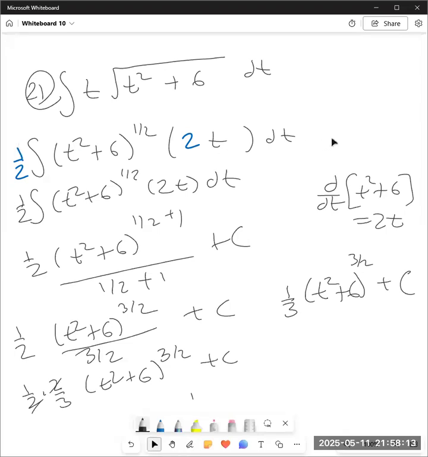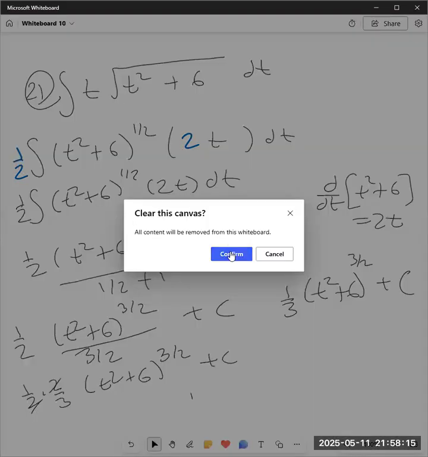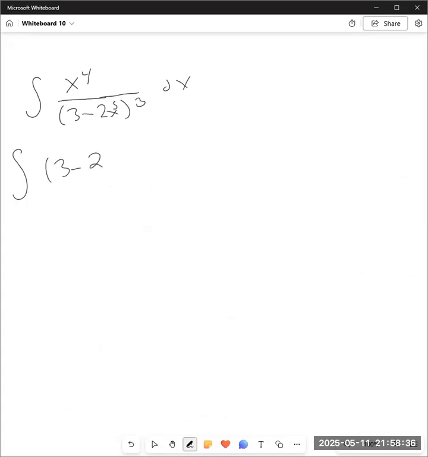Let's look at number 23 now. Number 23 says the integral of, and the numerator is x to the 4th, and the denominator is (3 minus 2x to the 5th), all raised to the 3rd, dx. So I'm going to make that (3 minus 2x to the 5th) raised to the negative 3rd times x to the 4th dx.